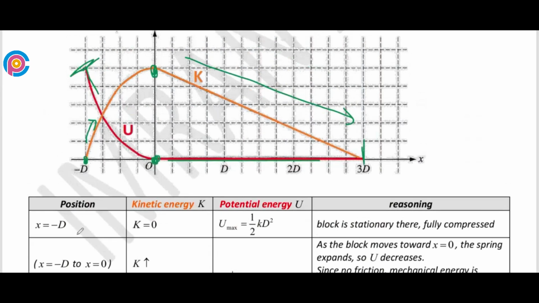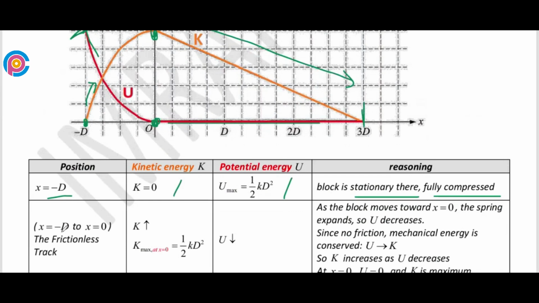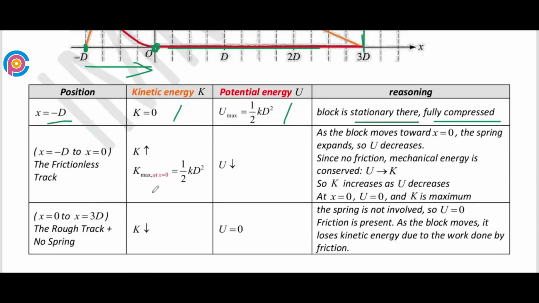We now discuss what happens at x equal to minus d: kinetic energy is 0 and potential energy is maximum. The block is stationary, so kinetic energy is 0, and the spring is fully compressed, so potential energy is maximum. From x equal to minus d to 0, on a frictionless track, kinetic energy is increasing, reaching its maximum at x equal to 0, one half k d squared, and potential energy is decreasing.